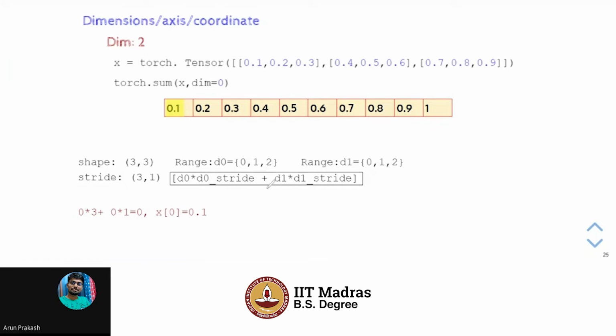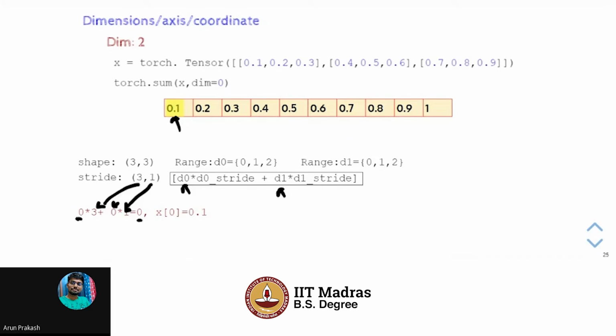So it starts with the 0th dim. D0 is 0, and the stride value is 3 for dimension 0, and for D1 also it starts with 0, and the stride value is 1. Then I get the index value 0. I use this index to get the element, which is 0.1 here. Now the question is whether I should increase the D0 value or D1 value.